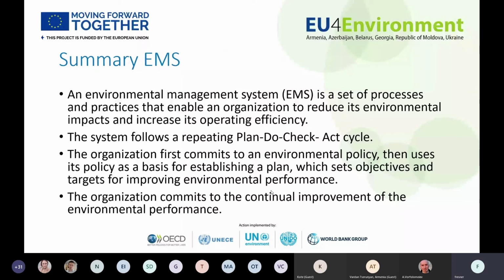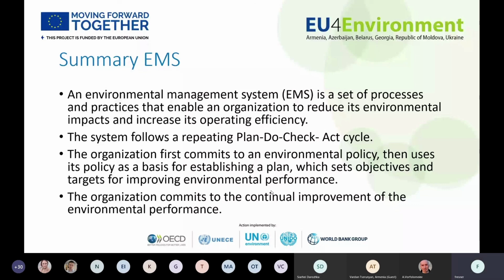So, summarizing before we do the last round of exercises, it has become clearer, if it was not already understood, that the environmental management system is basically a set of processes which enable an organization to reduce the environmental impacts resulting from the environmental aspects.